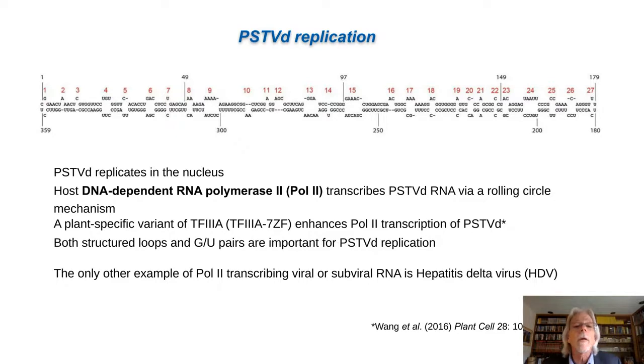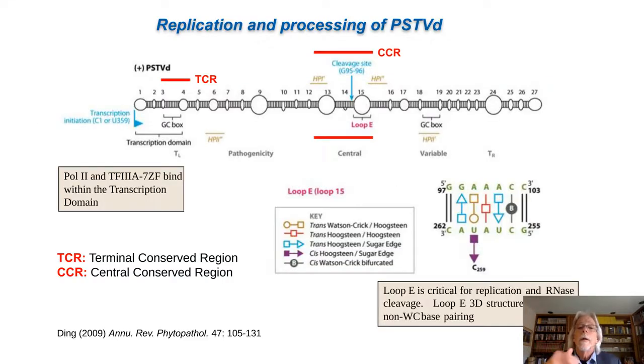Okay. Now, I want to bring your attention to a couple of things. First, on the far left, the PSTVd transcription domain. This is a region where Pol II binds, and the transcription factor TF3A, 7ZF, binds within that domain.